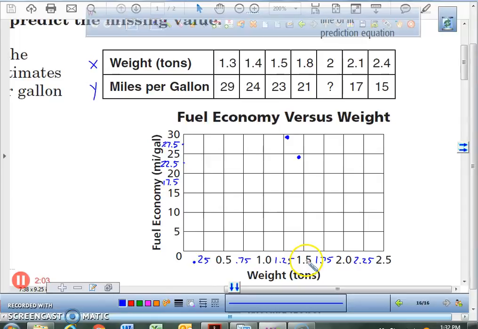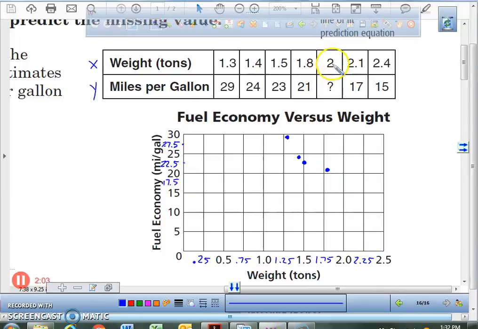This one's easy. 1.5, 23. You see where that 22.5 is? So I would just go slightly above it, just barely above it. 1.8, 21, so just on the other side of the 1.75 will be 1.8. Just above the 20 would be the 21.